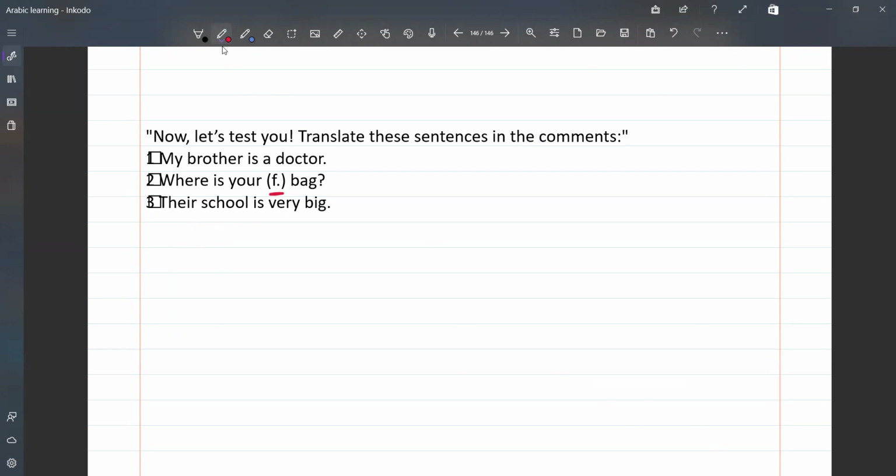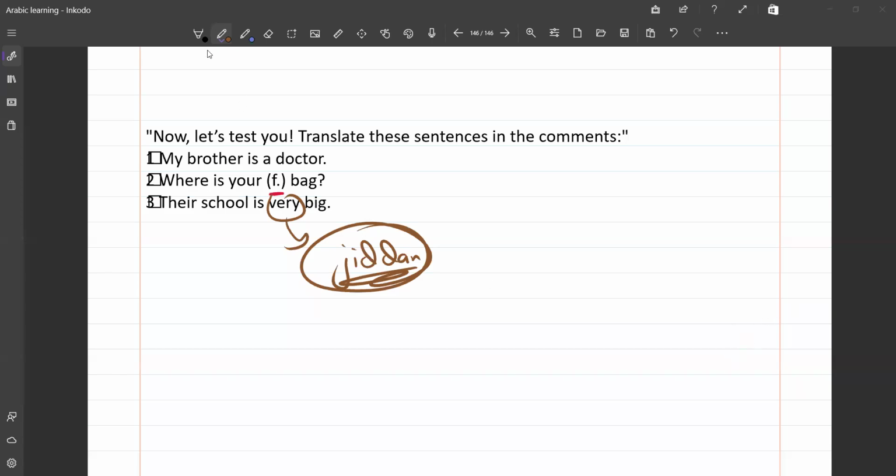Now, to help you, very in Arabic, we say jiddan. Jiddan means very in English. Learn this word. It is very important while speaking Arabic.